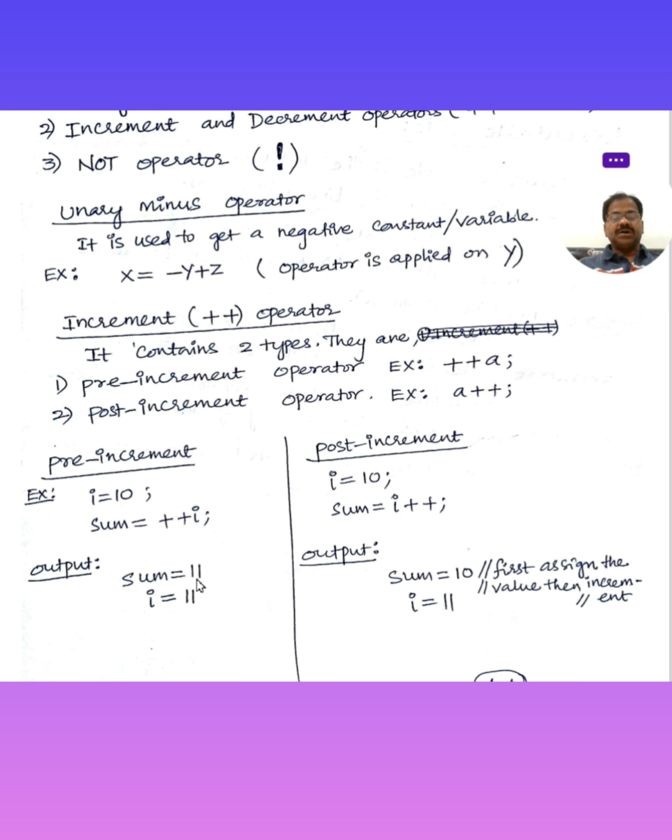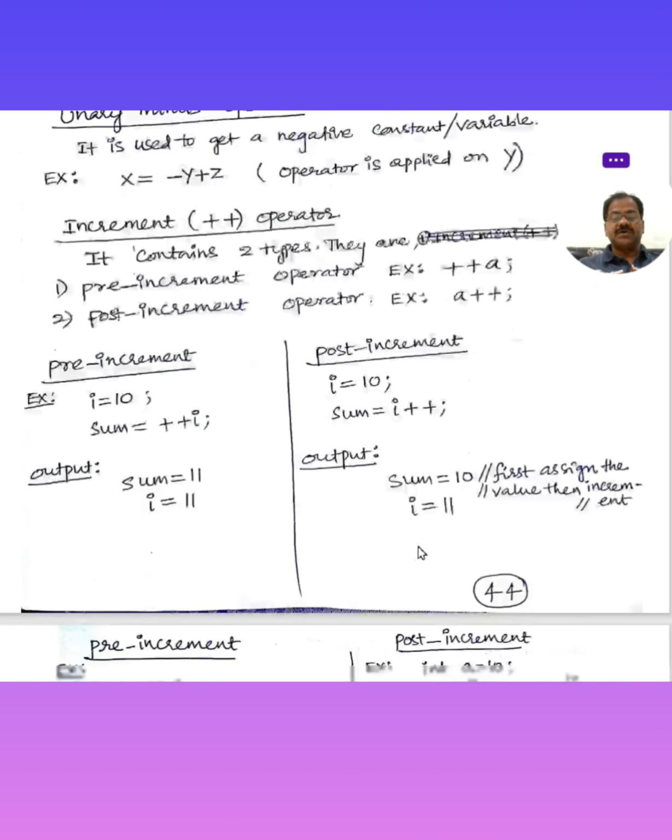You see here, sum is 11. Now the sum is 11. Okay, you see here, I is 10, sum is I plus plus. For this you will understand in a program. I will show this example, the pre-increment operator and post-increment operator, in the example.